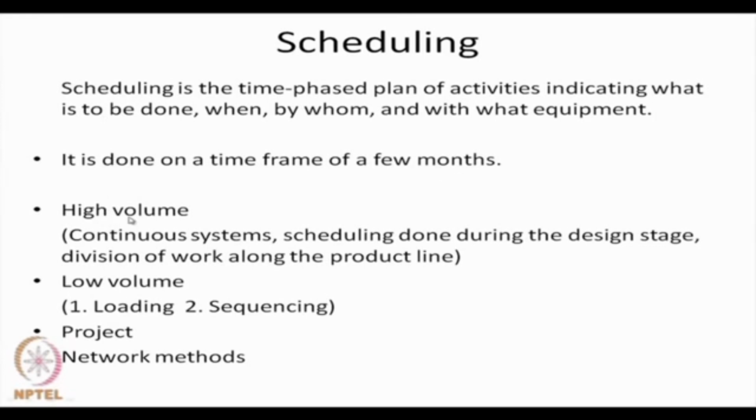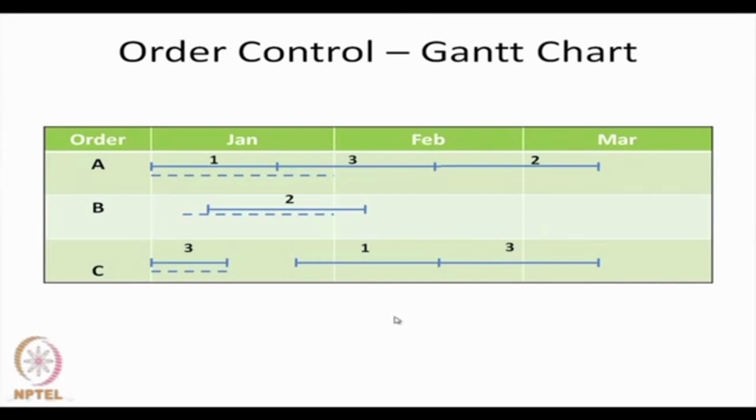Scheduling can be done for high volume continuous systems, for low volume products and for project type of activities. Now, we would like to show you certain graphical methods of scheduling.